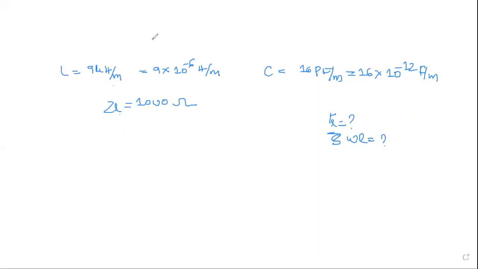Now, how do you solve this? You have to find out reflection coefficient. You know the reflection coefficient formula is ZL minus Z0 divided by ZL plus Z0. But in this case, only the resistive load, that is ZL, is given, whereas Z0 is not given. How do you find out Z0? Any formulas which you can relate Z0 based on L and C?